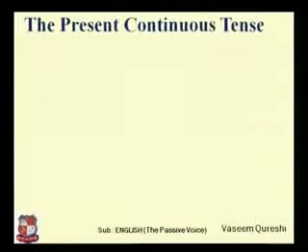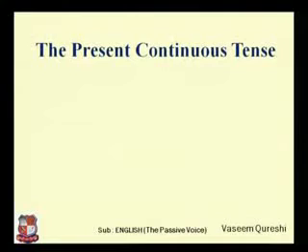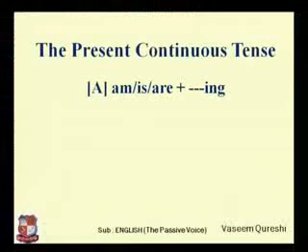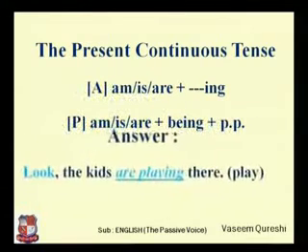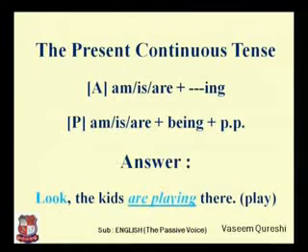And when we think about the present continuous tense, the sentence would be in active voice, and we have to use am, is, are, any one of them, plus ing form. If the sentence is in passive voice, we have to write am, is, are, plus being, plus past participle. Now the answer of the earlier sentence is this.